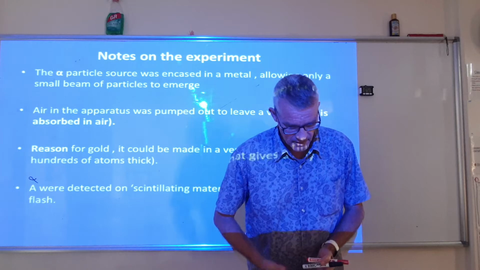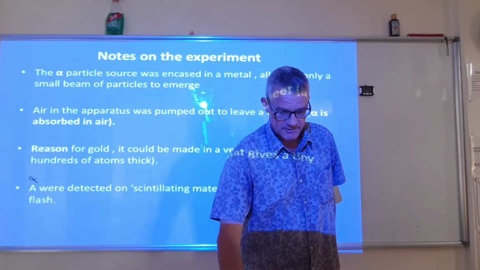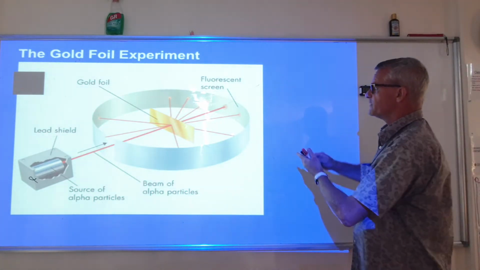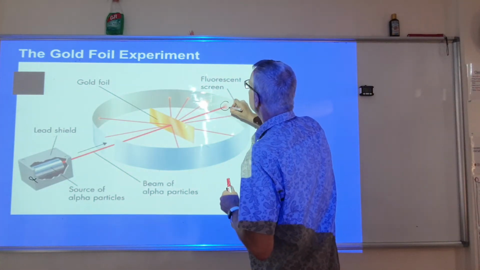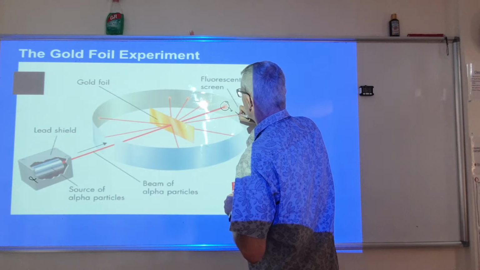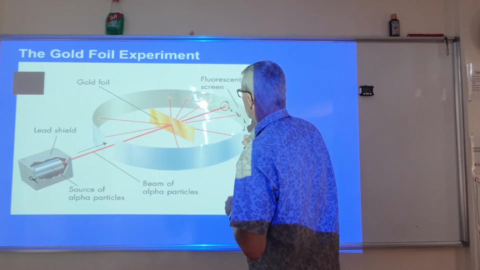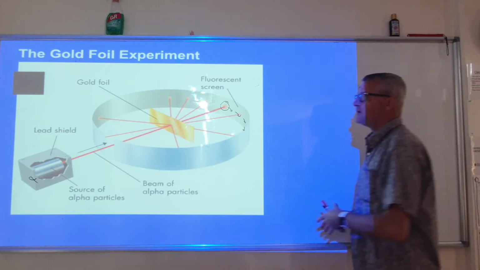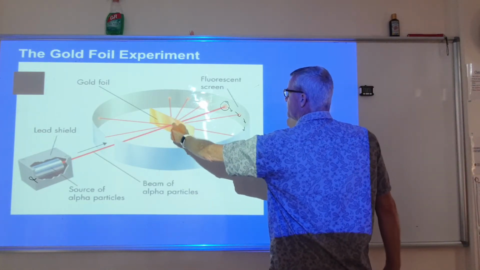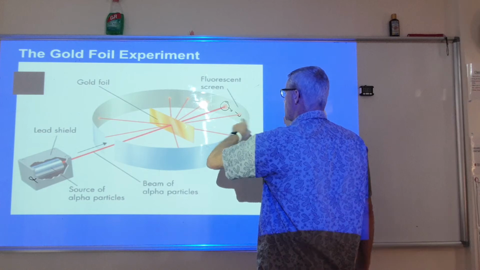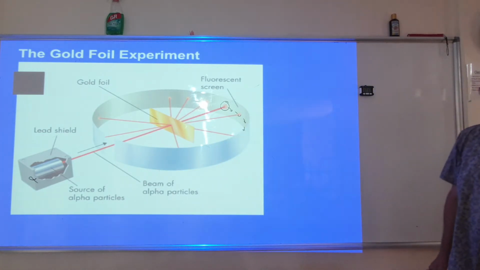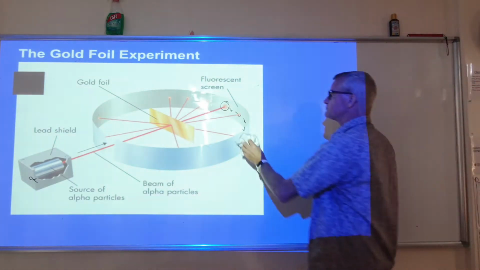Now you must think about this and we go back to the experiment, to the picture. You only have one detector here, and every time they moved it, and they moved it, and they moved it, and they just checked if at a certain moment there would be an alpha particle that would be deflected, and then it would give a flash on the scintillating material.